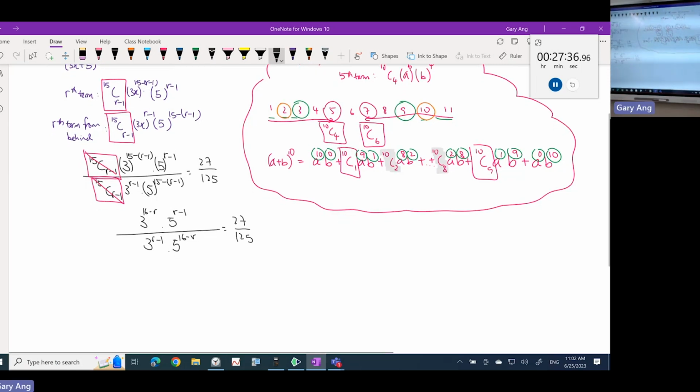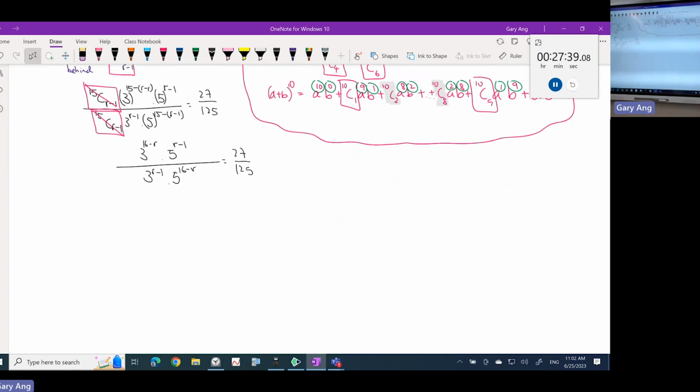Like I said, it becomes an indices problem. So you can see that from here, we can simplify. You have a 3 to the power of 16 minus R minus 1. Over here, you have a 5 to the power of R minus 1 minus 16 minus R.